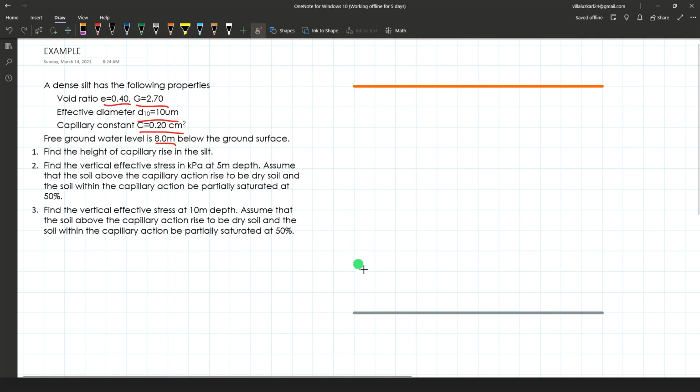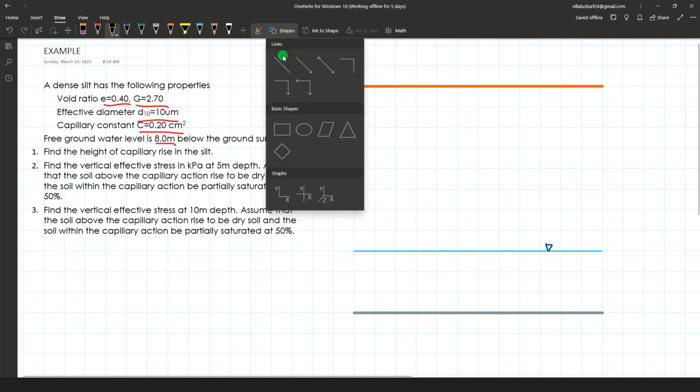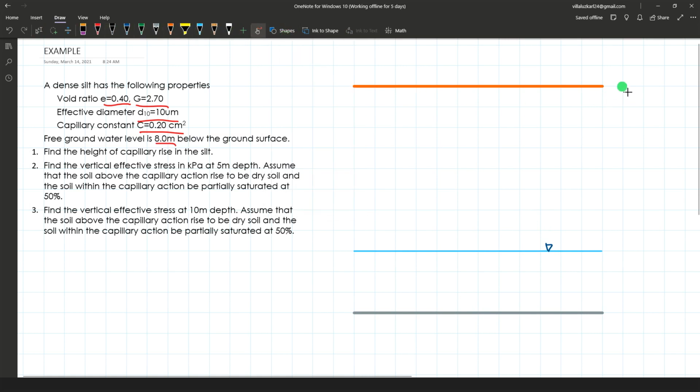Let me just draw. 8 meters is around right here. So this is the groundwater level right here. That's 8 meters.